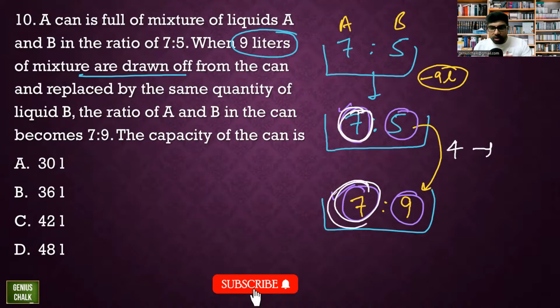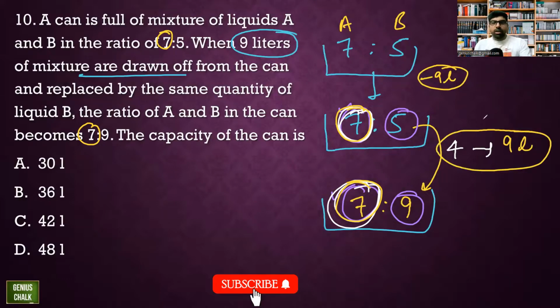As in the second step, it's written that you are adding quantity B, that means A has to be the same, and A is automatically given the same, 7 and 7. So this 4 units is what we are adding, this value of extra B. Now this is actually 9 liters. 4 is actually equal to 9 liters, right?